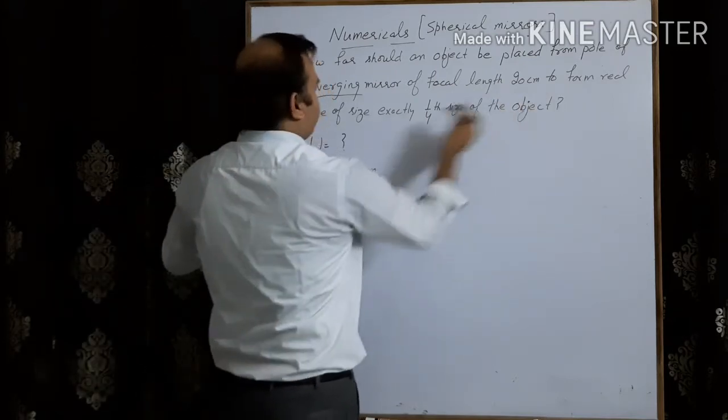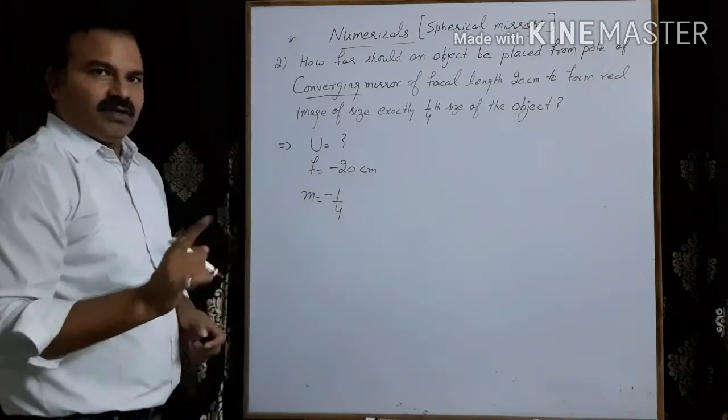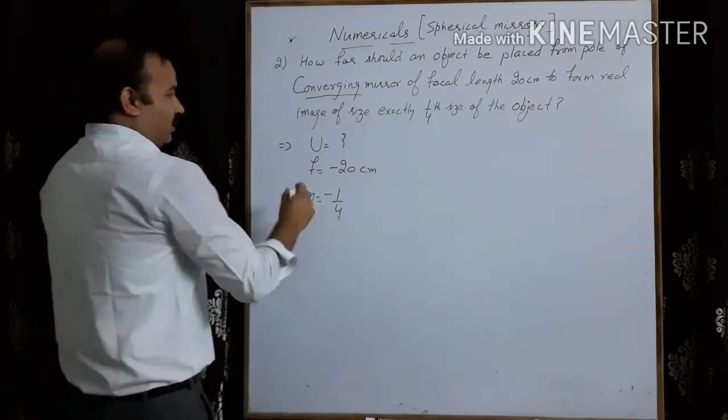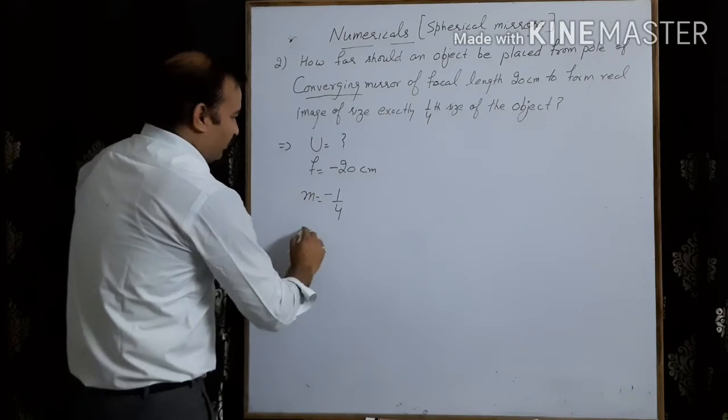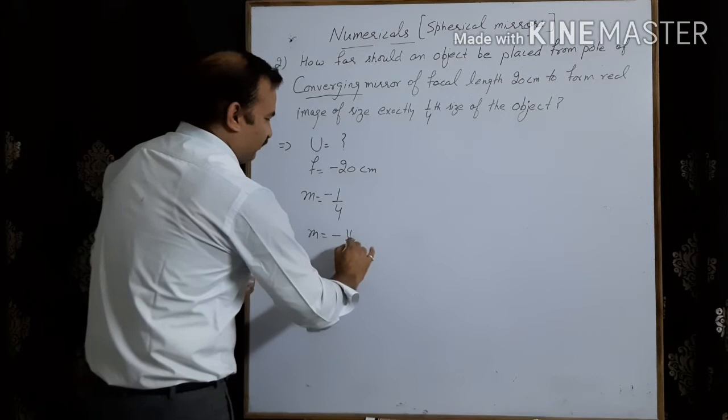One more thing, it is a real image. So magnification is minus 1/4. Okay, so magnification is equal to minus v by u.